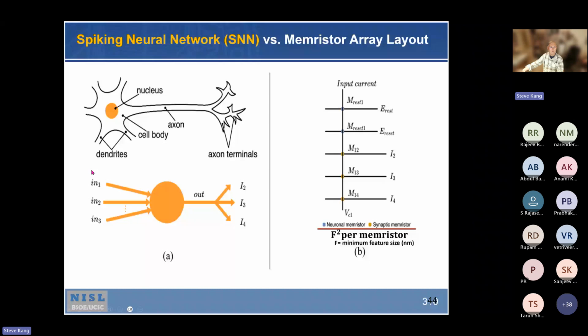So what can you do? If you have a neuronal circuit, you have a neuron, axon, and then a synapse, right? You can have multiple inputs to the neuron, say neuron number 1, neuron number 2, neuron number 3.